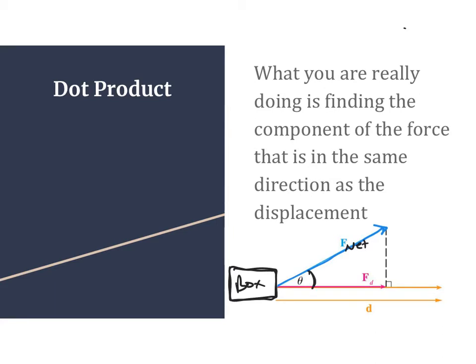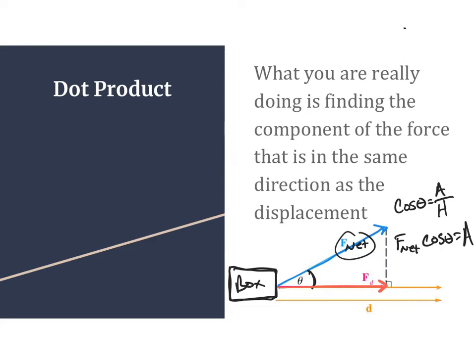Here's our angle. Looking at our trig, we know that cosine of the angle is equal to adjacent over hypotenuse. So the hypotenuse, which is our net force, F net cosine theta, equals the adjacent side. That's this reddish piece down here where it says FD.